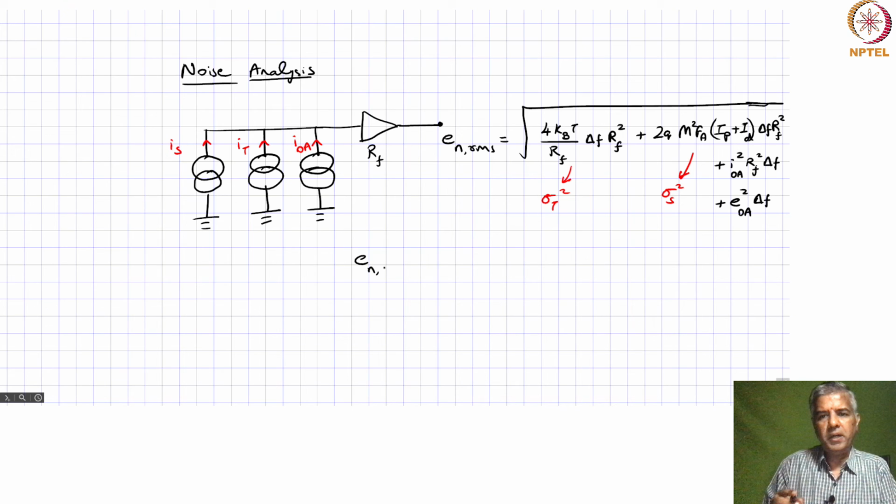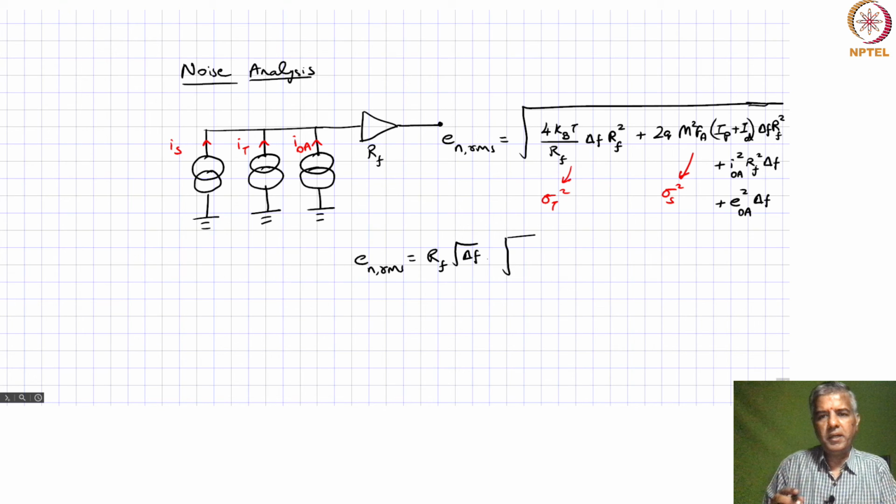So EN RMS can be written as, you take out RF as one common term, that's a multiplicative gain that we have for the transimpedance gain, multiplied by this root of delta F, which is once again common across all of this.